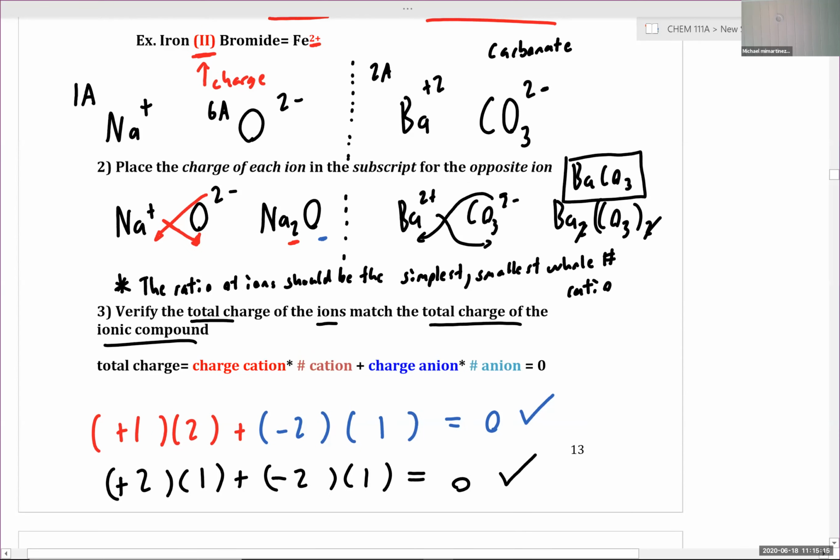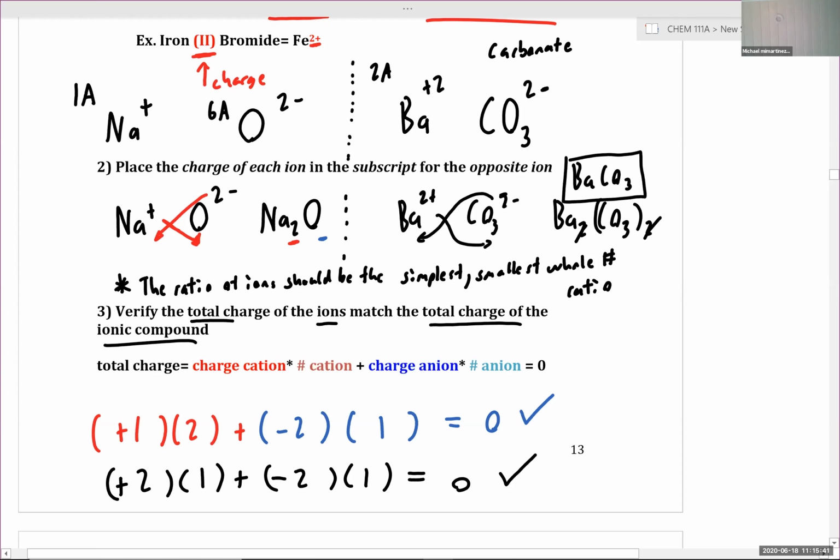First you figure out the charge of each of your ions, then you cross the charge of each ion into the subscript of the opposite ion. And finally, you check your work by verifying that the total charge of your ions matches the total charge of your ionic compound. Does this make sense to everyone so far?